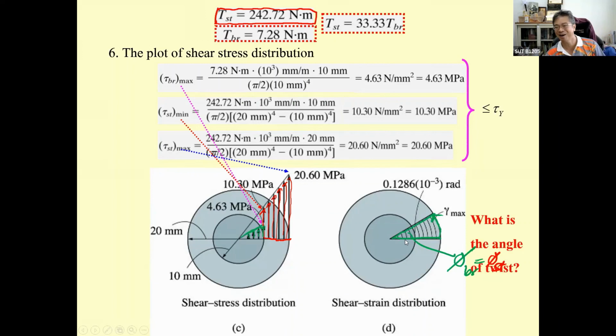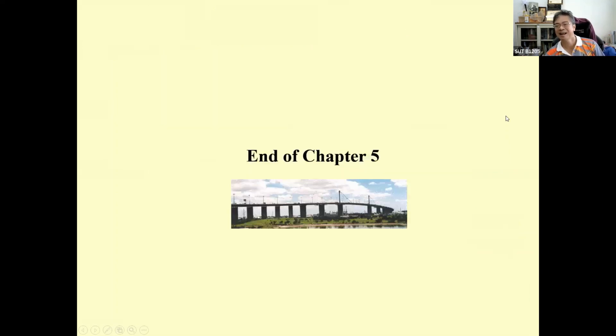What's the angle of twist? And the stresses that occur on this section in this direction are less than the yielding stress. So it's going to be linear elastic behavior. That's all for chapter 5.